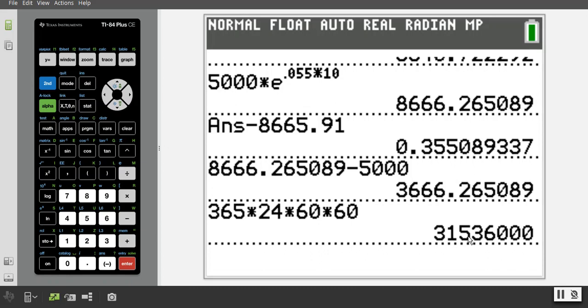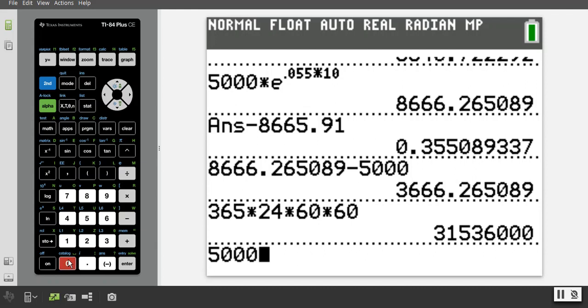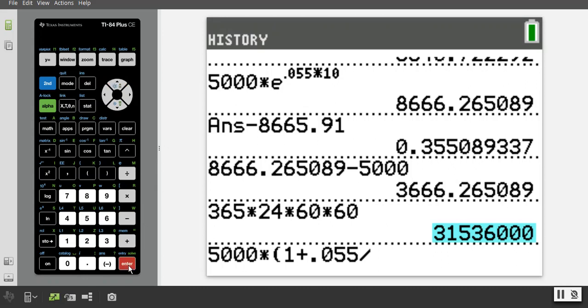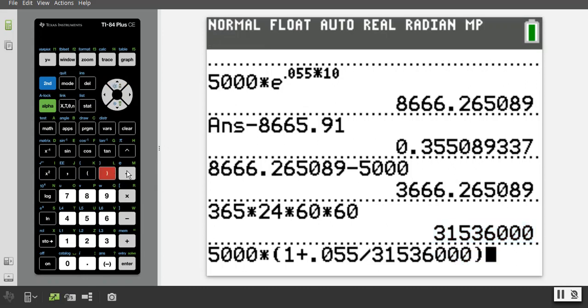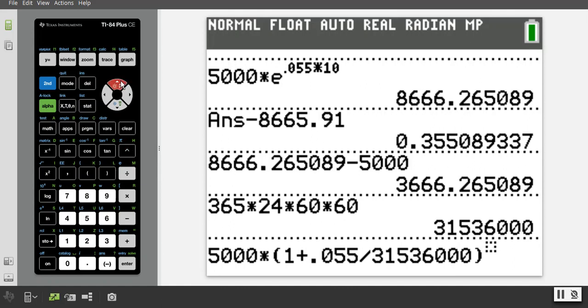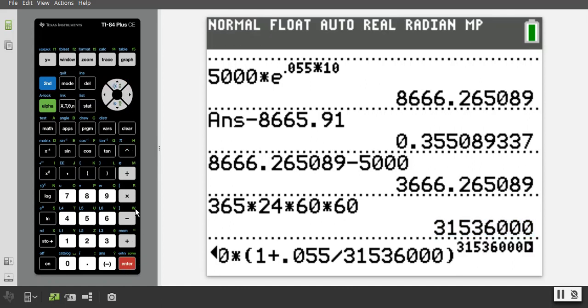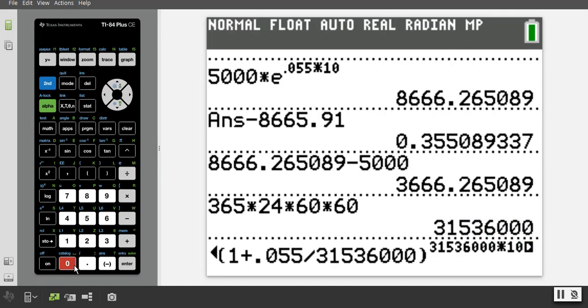This is the number that we could possibly try to put into the calculator. So, for example, 5,000 multiplied by 1 plus 0.055 divided by this number right here, and then we just close it. We raise it to that same number, and we multiply by 10. Now, this is compounding our amount per second, basically, for 10 years.